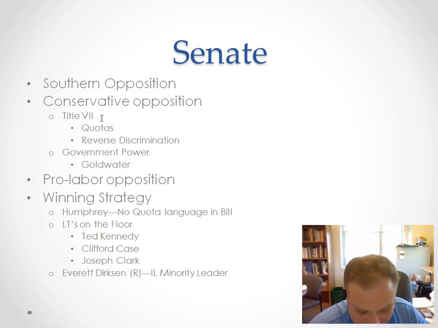So Humphrey put together, along with the Senate Minority Leader, the leader of the Republicans, Everett Dirksen, a coalition so that there would be 35 Democrats and 15 Republicans always on call. Always there, ready, because you'd have the filibuster speaker who's always 51. And so you always have enough.